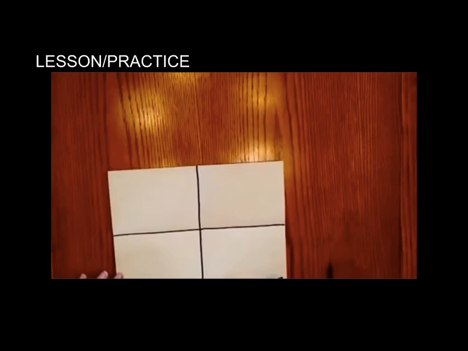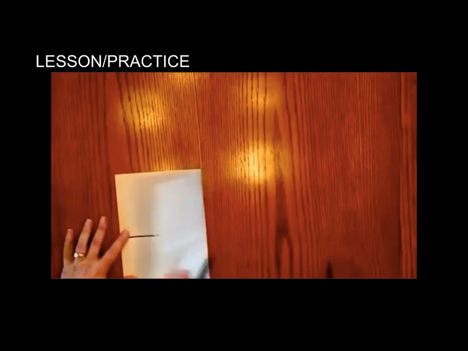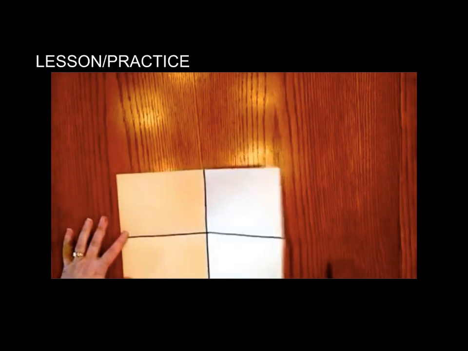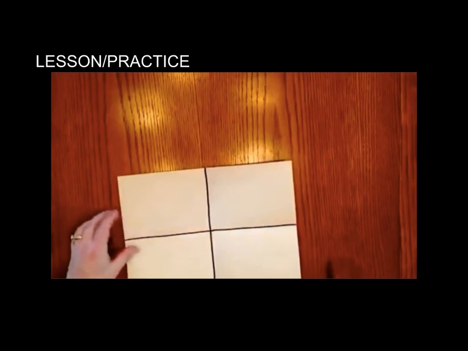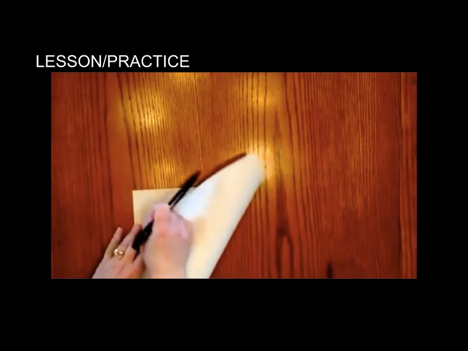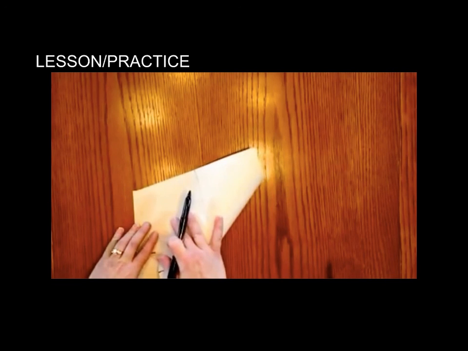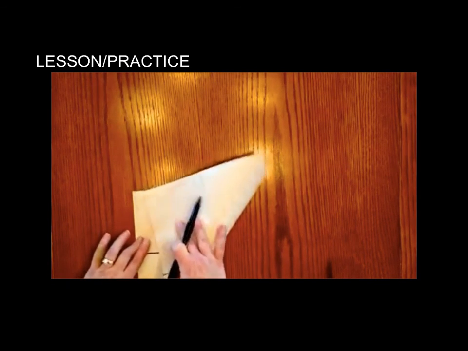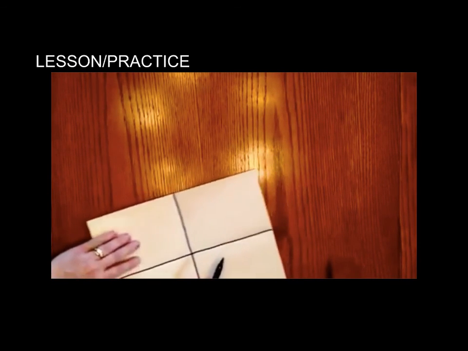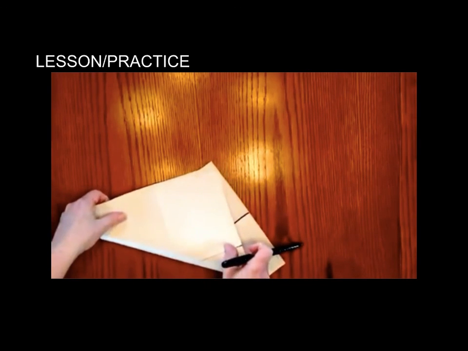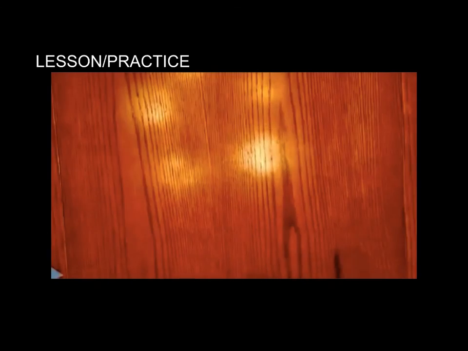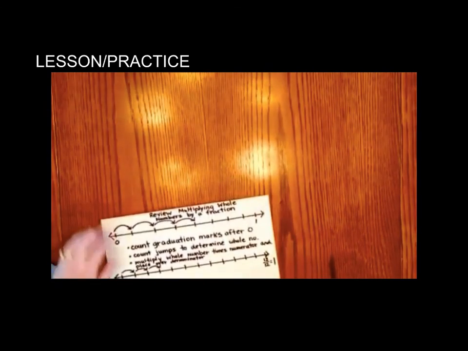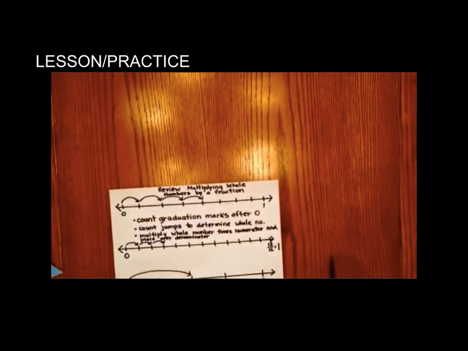A rectangle, on the other hand, I've got a whole sheet of paper here. I can only fold it this direction, which would be 1, and this direction, which would be 2. But if I try to take this corner and fold it over here, as you can see, that is not going to form a line of symmetry. Same thing if I try to go that direction, it won't work. Okay? So that's one way we can find lines of symmetry.